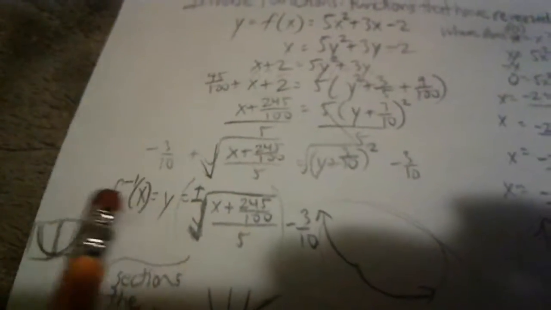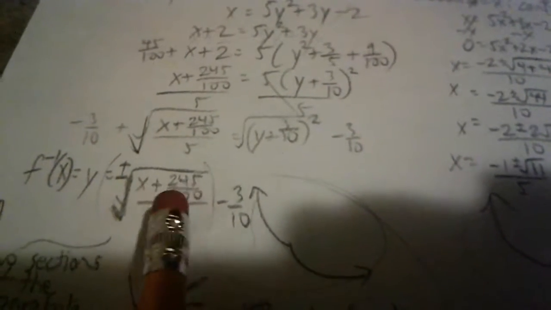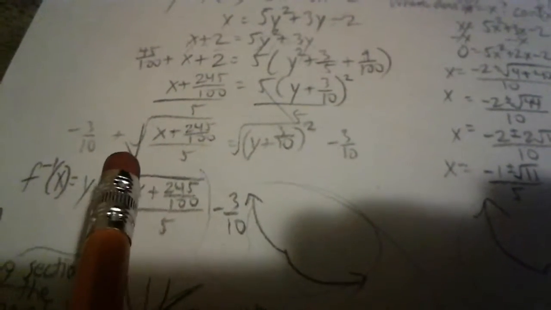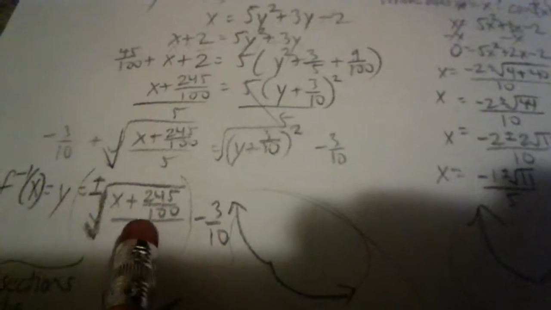Then x equals plus or minus the square root of x plus 245 over 100, over 5, and that's all subtracted by 3/10. When you can do that, you can find this area.